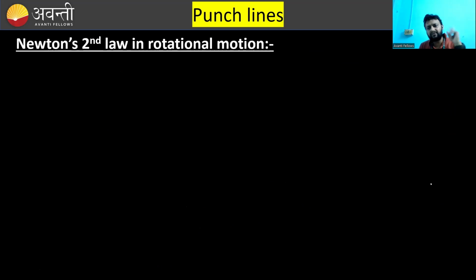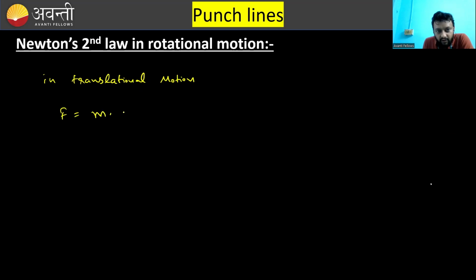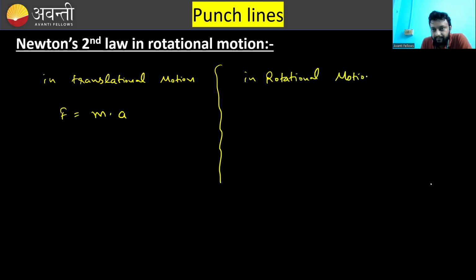What is Newton's second law that we have studied in linear motion? It was F is equal to ma. You remember? In linear or translational motion, we have studied that F is equal to mass into acceleration. Now if I write it for rotational motion, what are the things that will change?